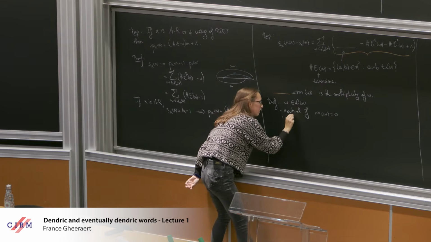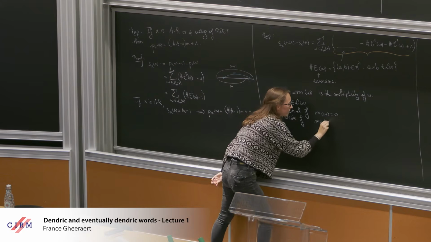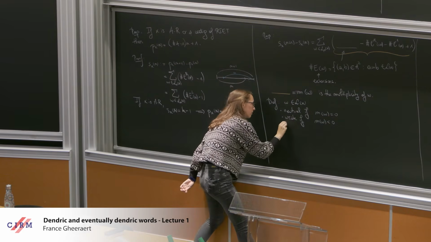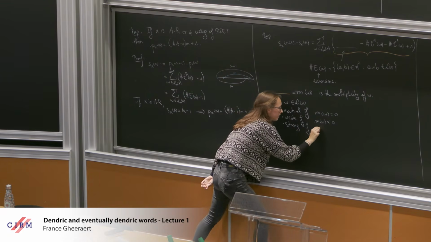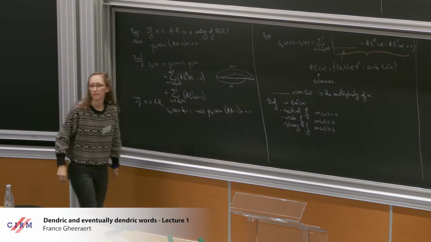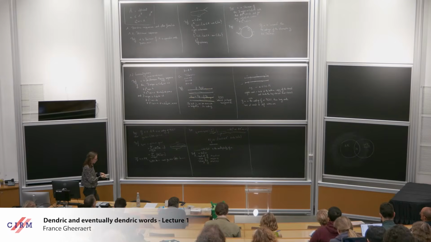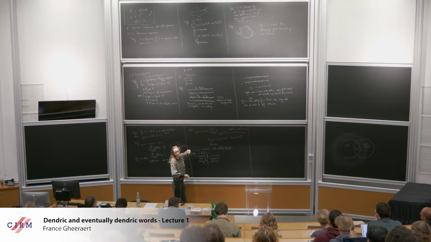It is weak if its multiplicity is negative, and strong if the multiplicity is positive. Okay, so we distinguish three types of words depending on their contribution to the second difference of complexity.